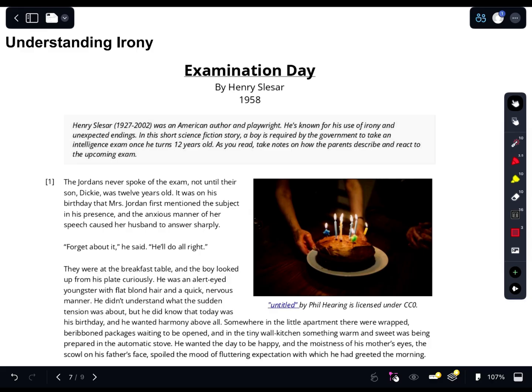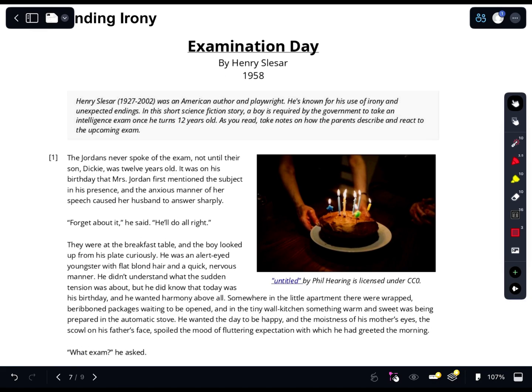In this story, we have a boy named Dickie. I'm not going to read the whole story, but I will go over it briefly. The main character, the protagonist, is named Dickie. It's his birthday, and his parents are there with him. They're sitting together, talking to him, and they're a bit agitated.